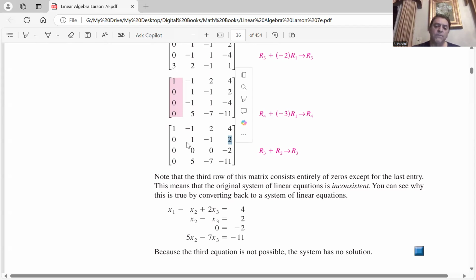So if I multiply the second row by -5, add it to the third and replace the third row with the new one, it's going to be 0, 0, -2, -21. True?